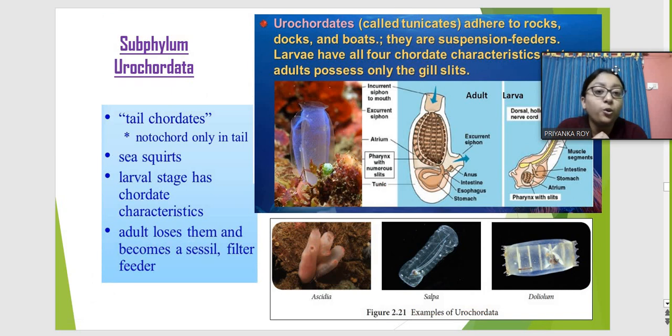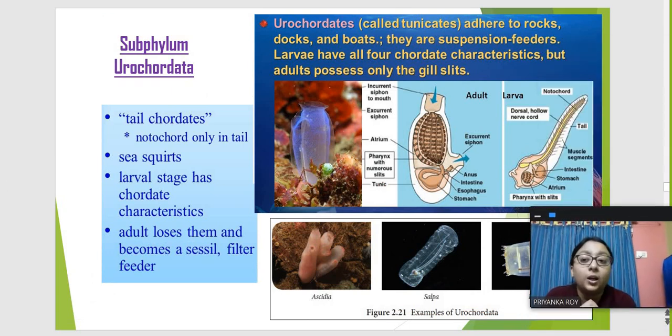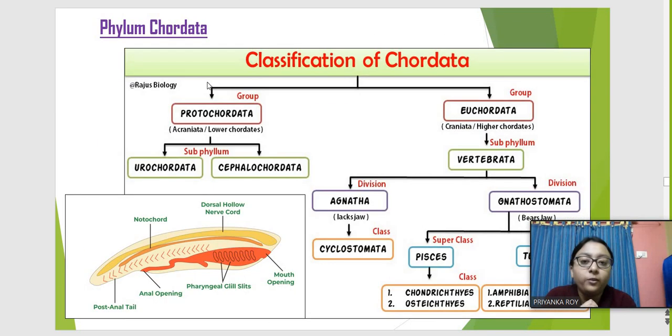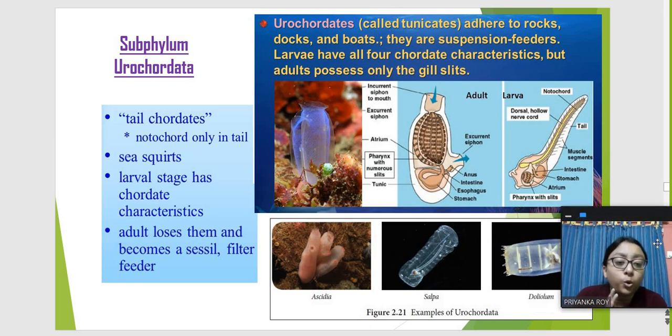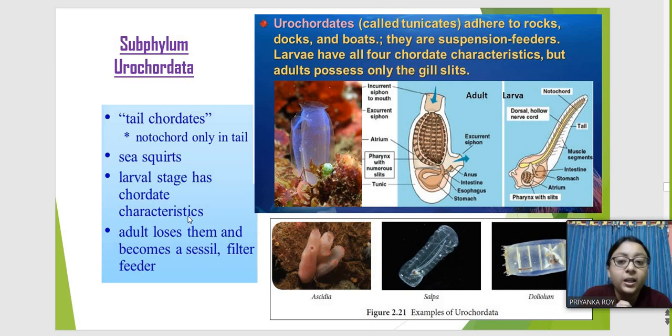Now coming to Urochordata, which is one of the subphyla of the Protochordates. Uro means tail and chorda comes from notochord, obviously. So the presence of the notochord in the tail region is what defines them as chordates, and therefore the name comes from there as Urochordata.